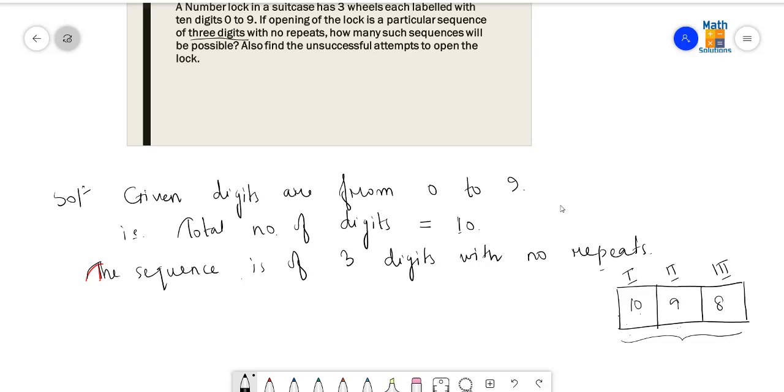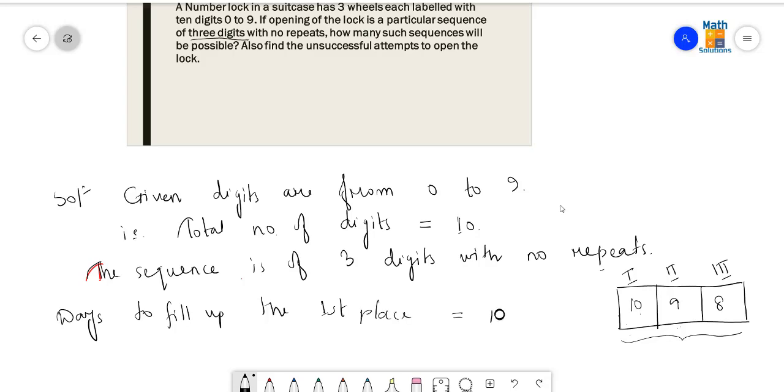So in what way can we write? Ways to fill up the first place is equal to 10.